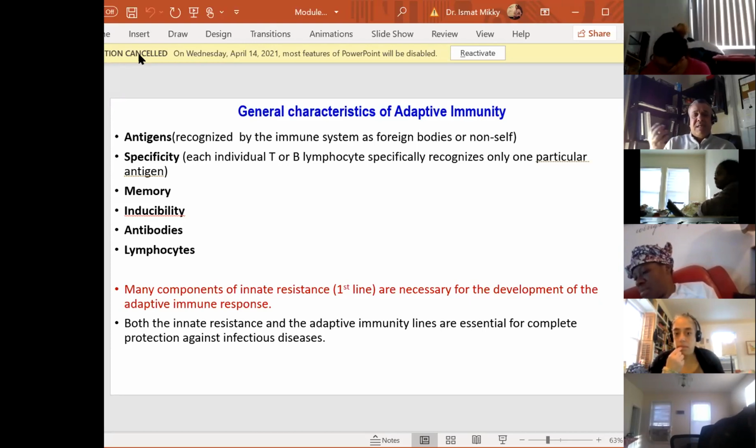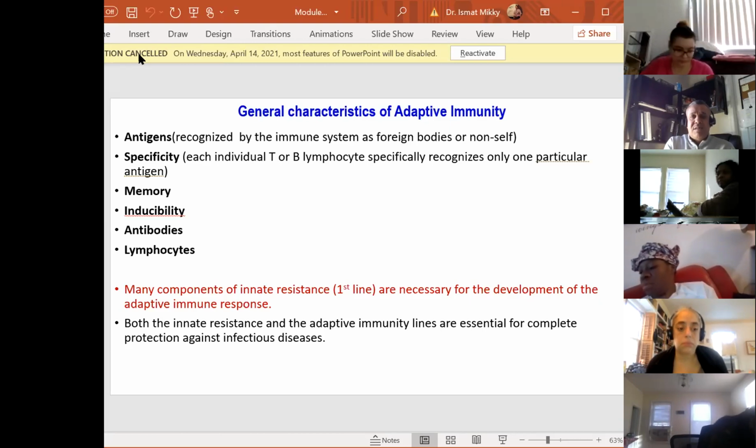Inducibility means there should be an antigen that will induce the immune response. And then antibodies and lymphocytes. Antibodies are produced by the B lymphocytes. The B cells produce antibodies; the T cells don't produce any antibodies.